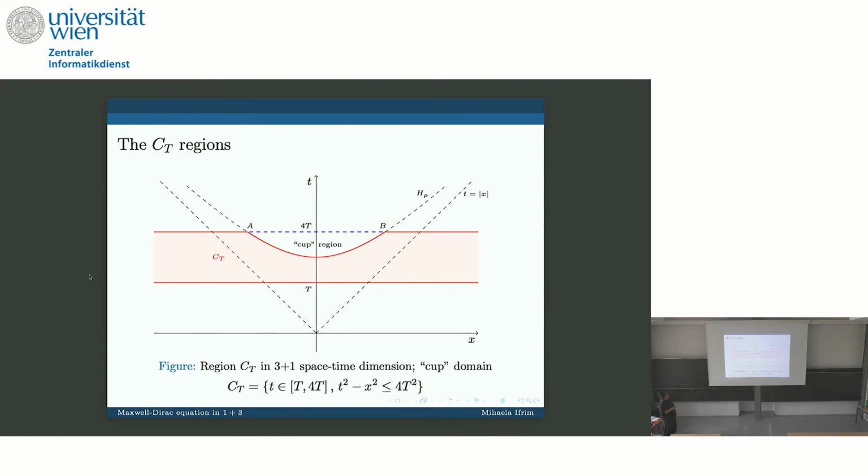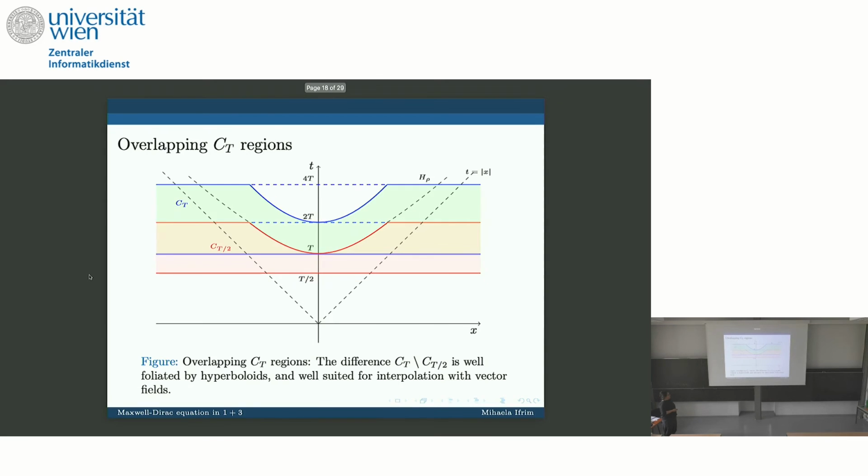This is the C_T region. And I said something about doing Gronwall discretely. How do we fix this? We fix this, you see, we overlap those regions. We did it diagonally. So you have the blue region and you have the red region. They're overlapping, so you gain because you can now foliate everything in between, and you can do interpolation easily.